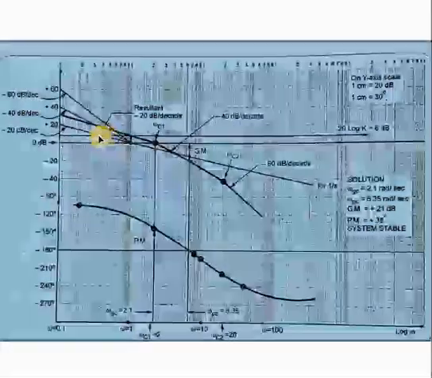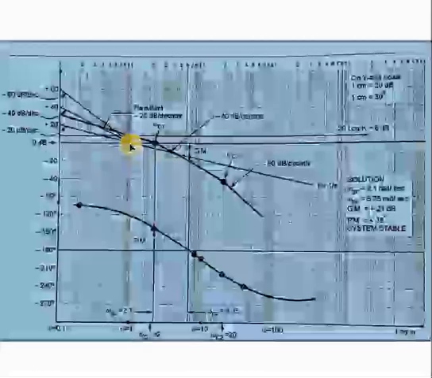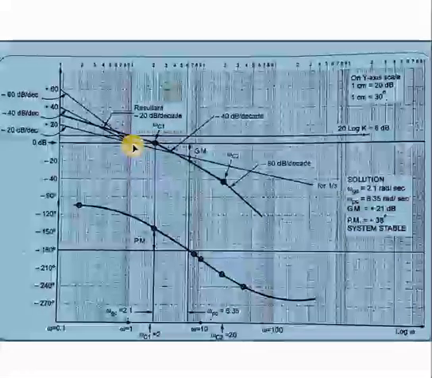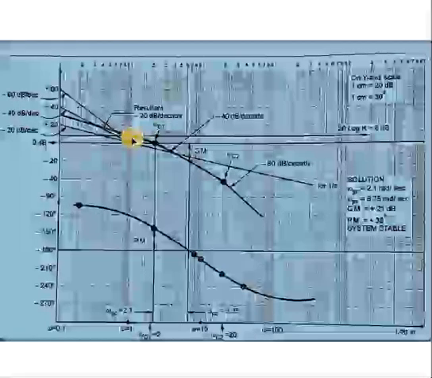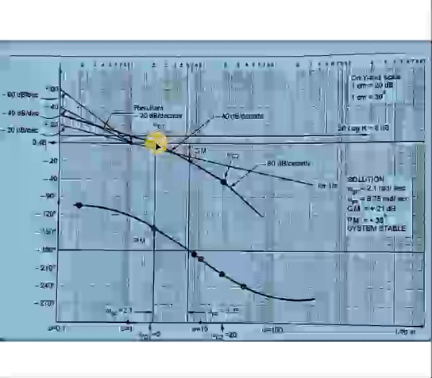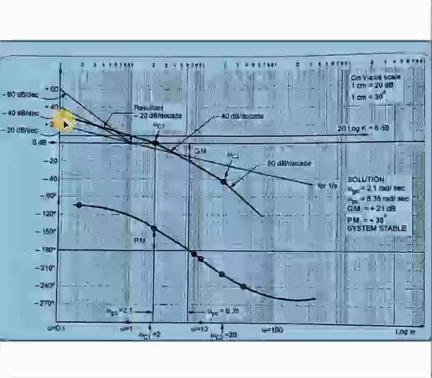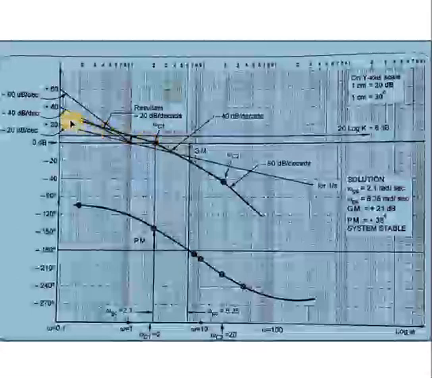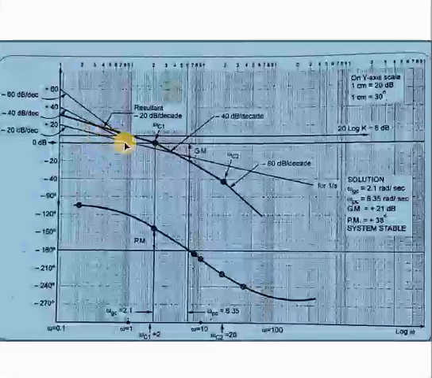After drawing this 0 dB and 6 dB line and these slope lines, you try to shift this point, which is at the 0 dB line, onto the 6 dB line. For that, you draw a line from the first crossover frequency. When you draw this line, it should be parallel to this minus 20 dB slope line.